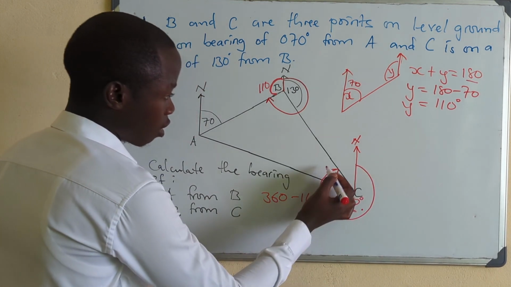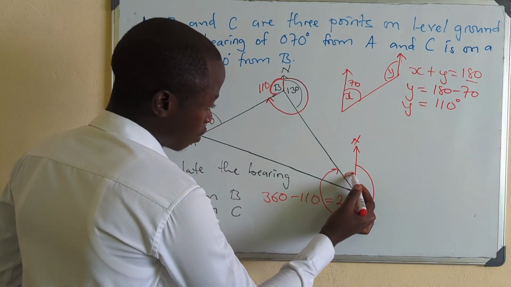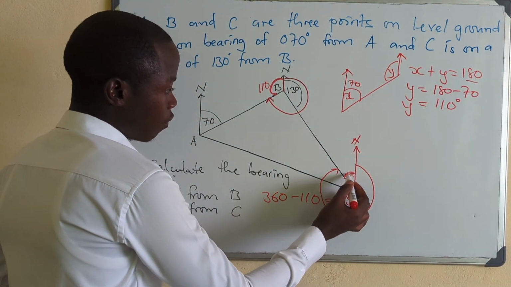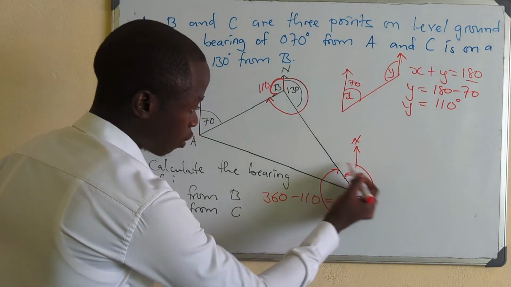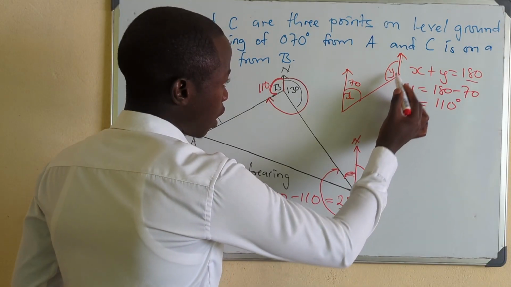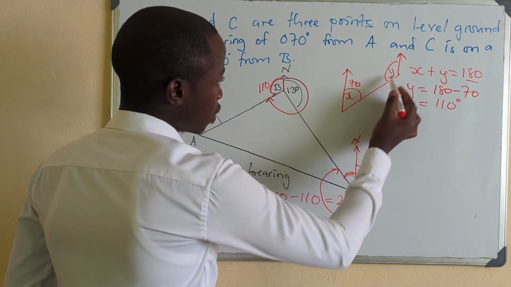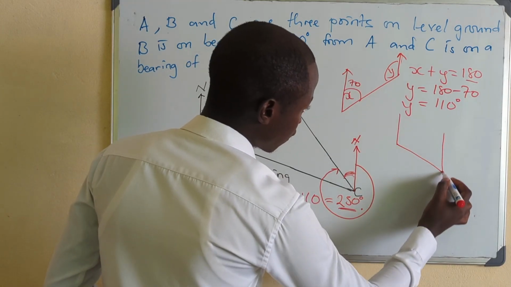To find this angle, we need to know this angle here, so that when we find it, we subtract it from 360, because a full circle is 360. This is the same as arranging the angles in this format.